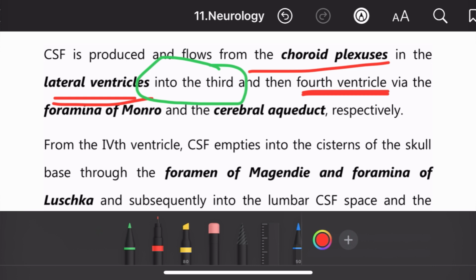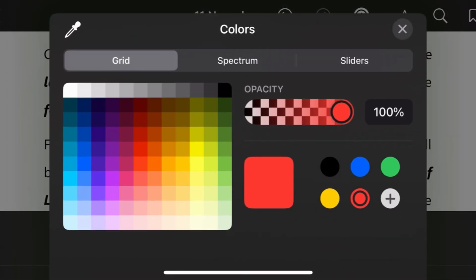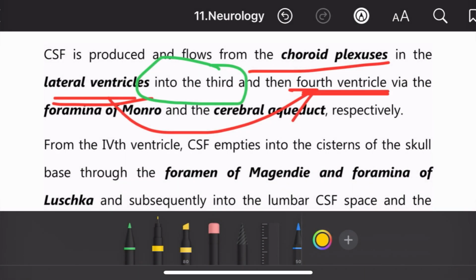And from there to the fourth ventricle, it is circulated via the foramen of Monro and the cerebral aqueduct respectively.